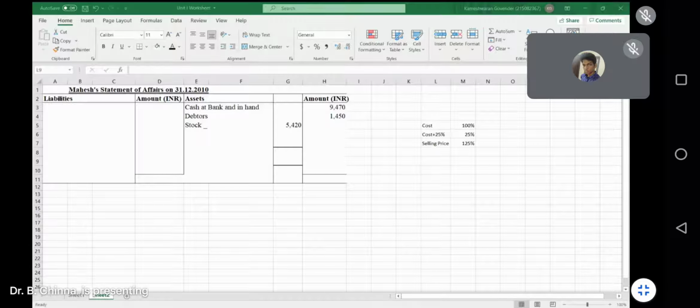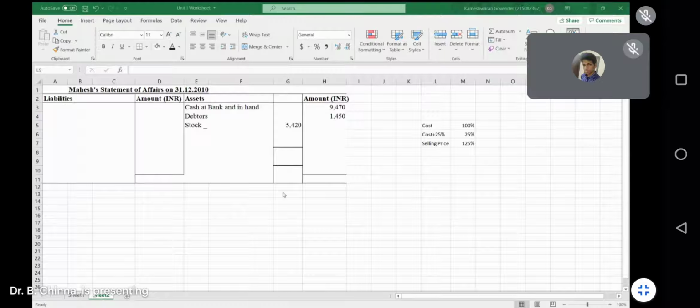What is the simple formula? 5,420 into 25 divided by 125. Perfect. That is the formula. 5,420 multiplied by 25 divided by 125 is the answer. What is it?